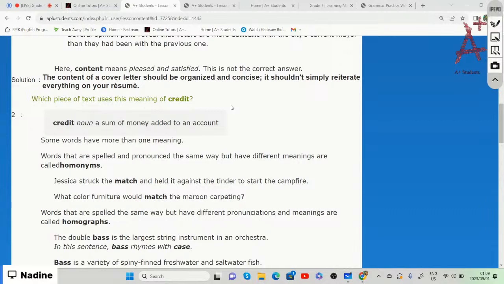And words that are spelt and pronounced the same way but have different meanings are called homonyms. So then we have homographs and we have homonyms. Homographs is where it is not pronounced the same.